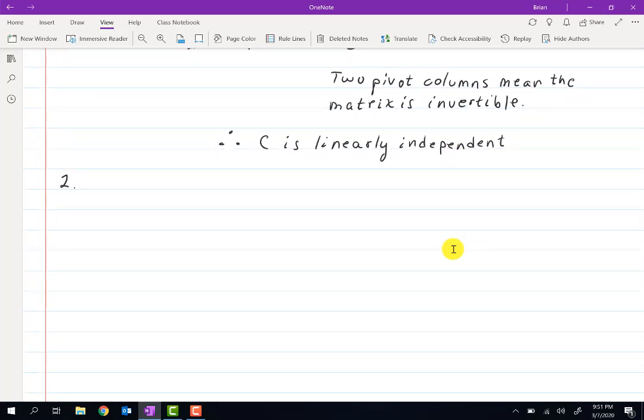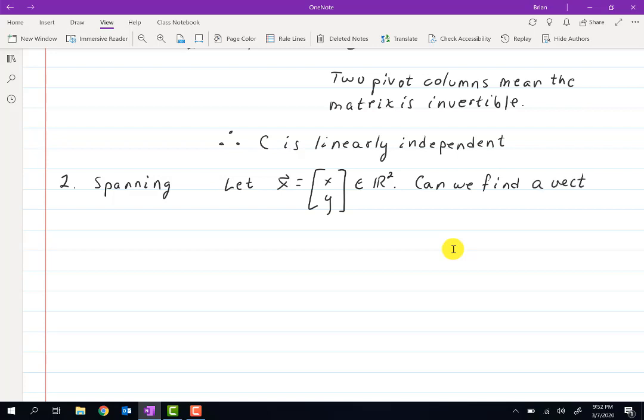Well, so for this, let x, which equals (x, y), be any vector in R2. Can we find a vector, or let's call it A, which equals (A, B)?